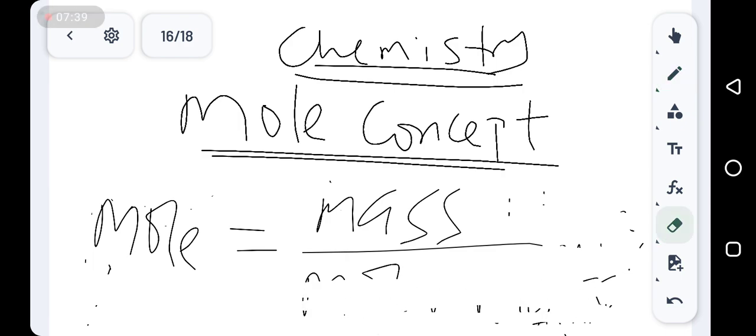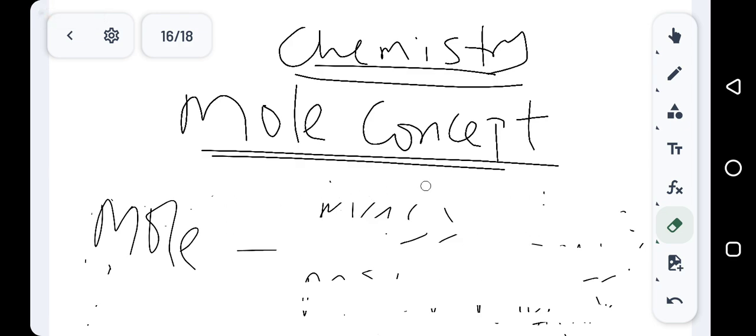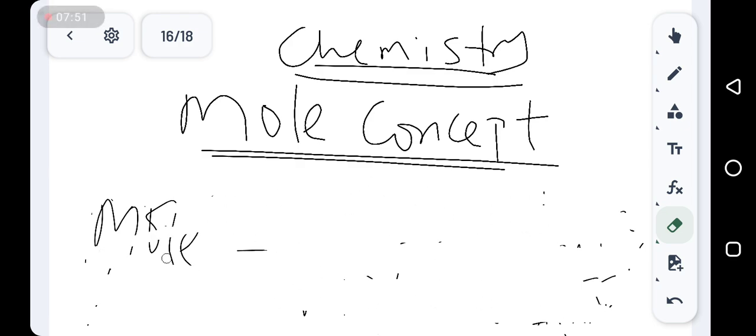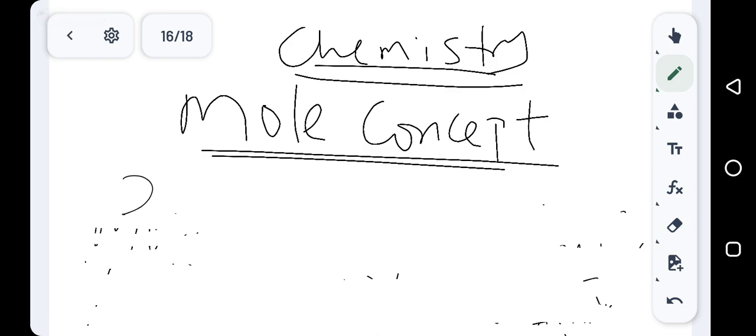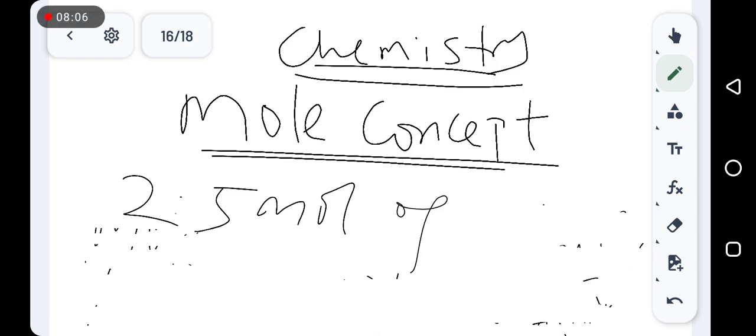In our example 1, we have: calculate the number of particles in 2.5 moles of carbon dioxide. So we are given the number of moles here, 2.5 moles of carbon dioxide, CO2.